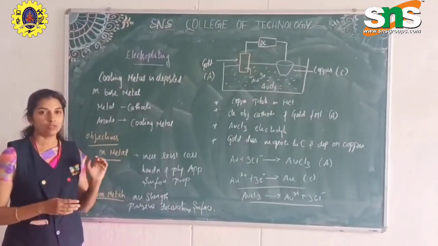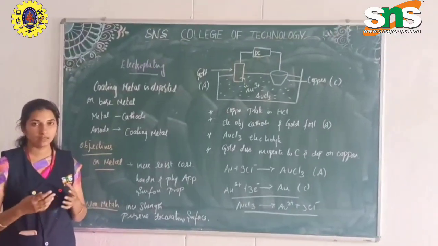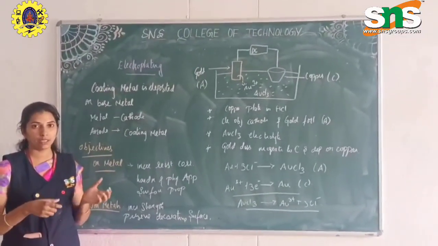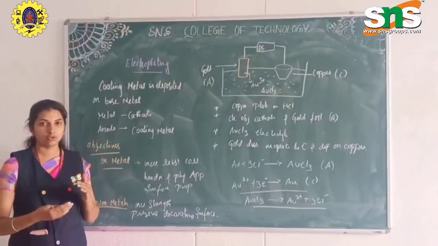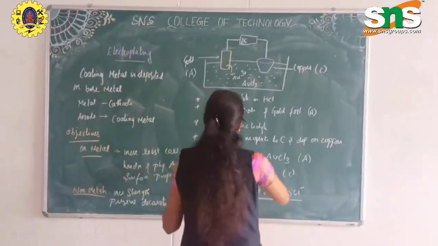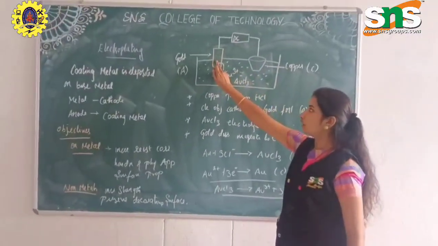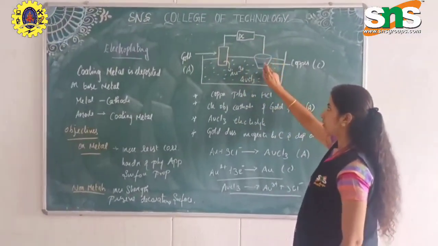Now we are going to explain in detail the process behind electroplating, how the plating can be converted onto another metal. This is the diagram representation: a beaker containing a gold foil, and on the other side a copper object.